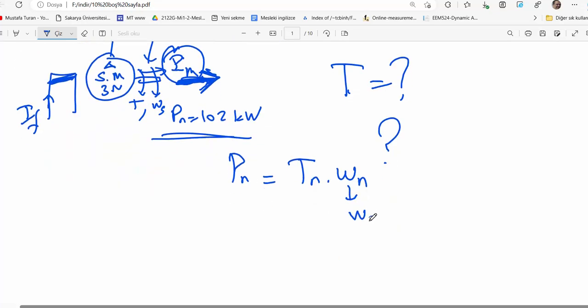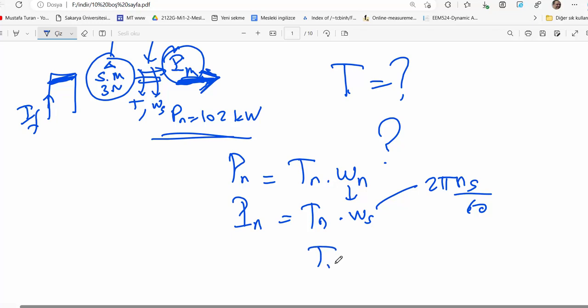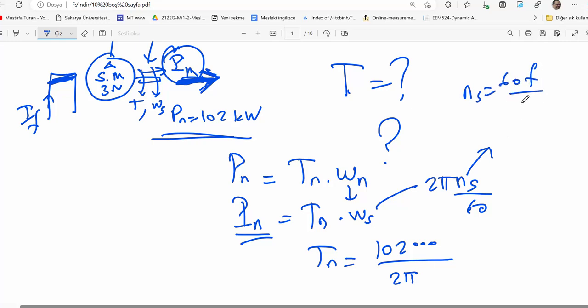Rated speed is angular speed, which is 2 pi ns over 60. Here's the rated torque to be calculated. Rated torque is equal to 102 kilowatts, or watts, over 2 pi ns over 60. Ns is equal to 60 times F over the pole pair number. 60 times 50 makes 3000. Here there is only one pair of poles.